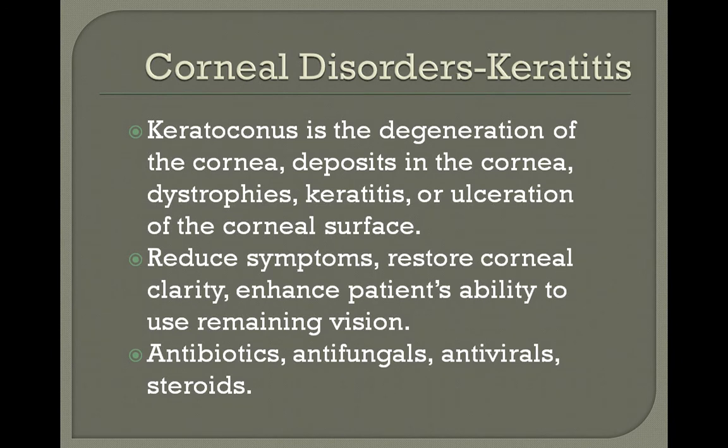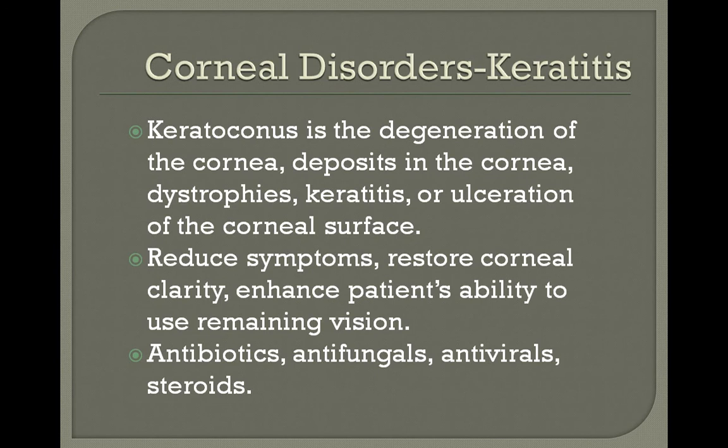And so there are various types of reasons a person develops keratitis. Different types of infections can lead to infections of the cornea. A person with chronic dry eyes is at risk for developing keratitis. Injuries can lead to keratitis. And some types of keratitis develop for unknown reasons.